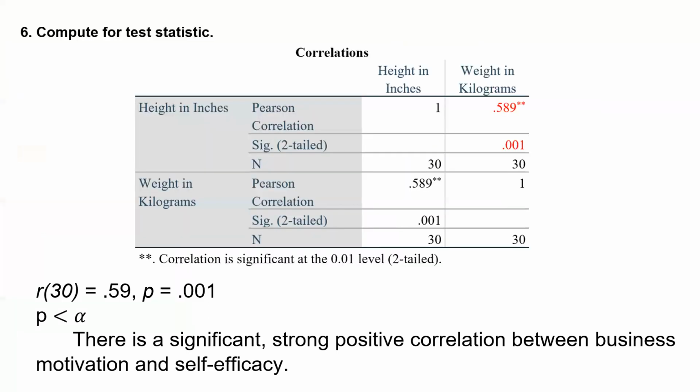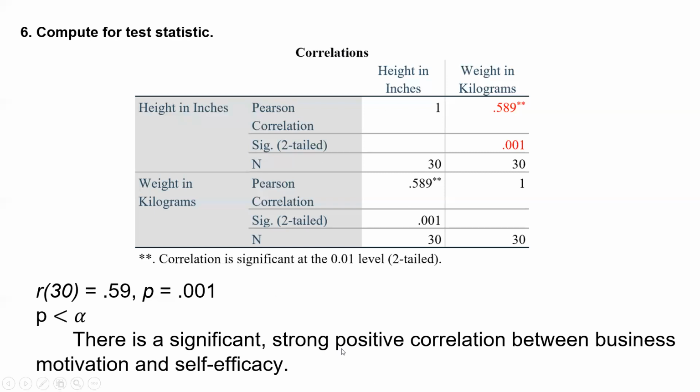So you have here your results: r equals 0.59, comma, P equals 0.001. So P is less than alpha, and thus there is a significant relationship. Why significant? Because P is less than alpha. Strong, where did we base the strong? Based on the scale we had earlier.